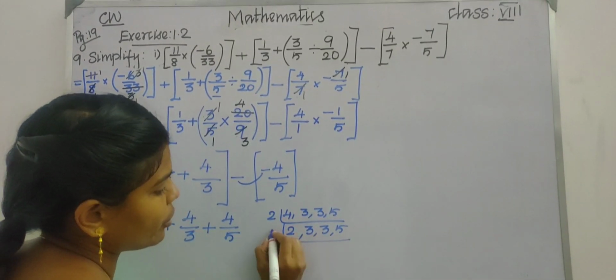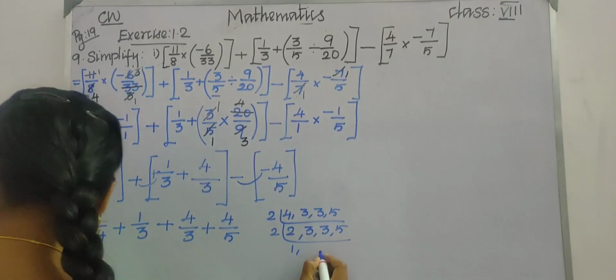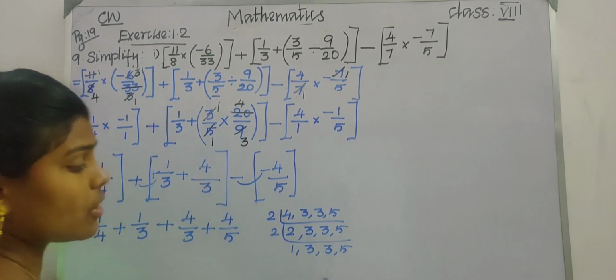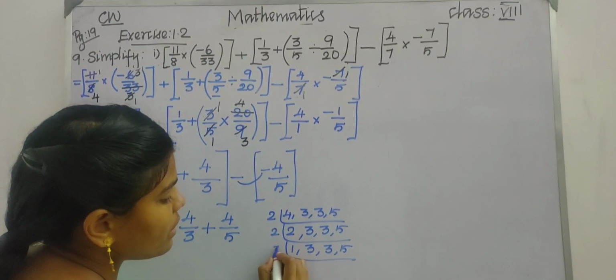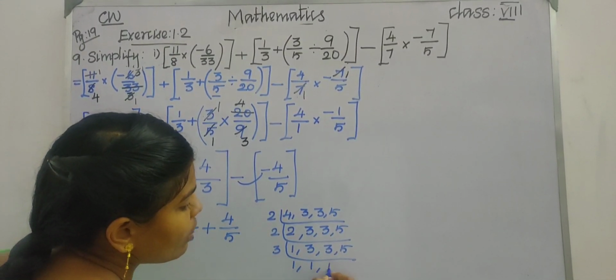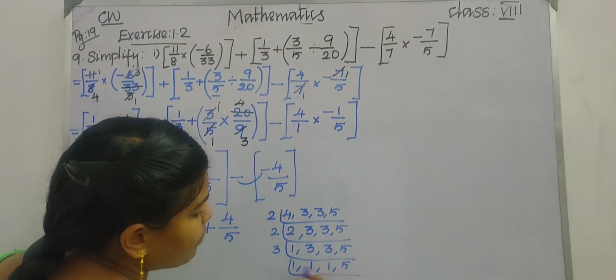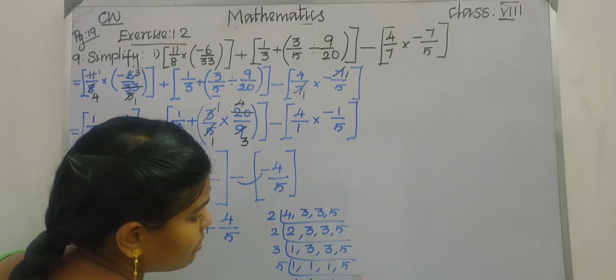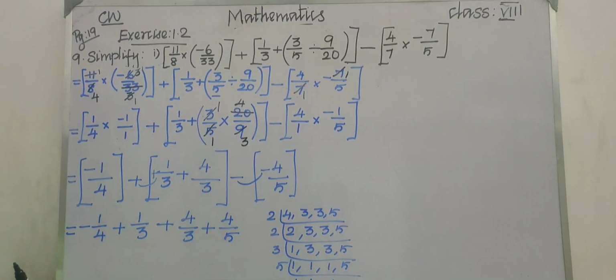And again we can put 2, 1 2 is 2, and 3, 3 and 5. Now we can put 3. So 1, 1, 1 and 5, and again we can put 5, at the last 1.